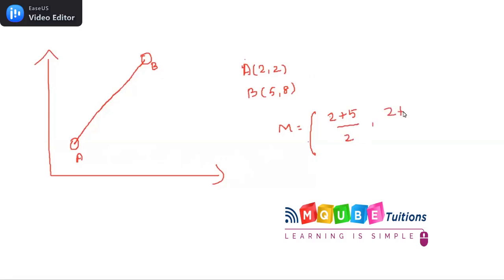So the midpoint of the given coordinates is 3.5, 5. The midpoint we calculated.